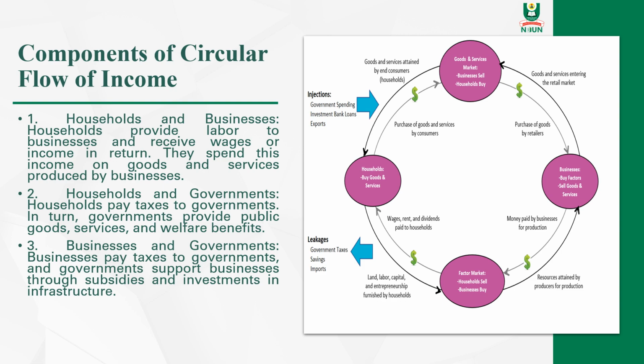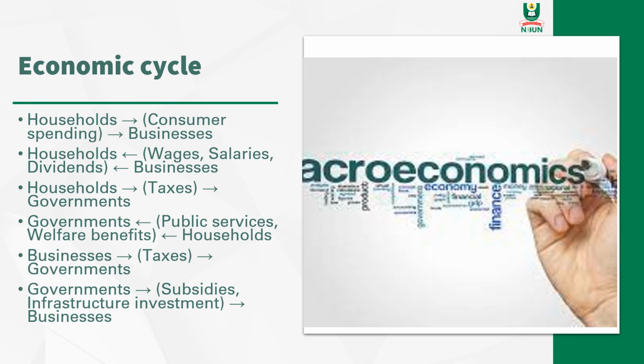Households also pay government taxes, and government in return is expected to provide amenities, give support to businesses, some palliatives, some subsidy in terms of bailout when there is trouble, and in terms of investment in infrastructure. And so the household spending goes into consuming what the business produces.